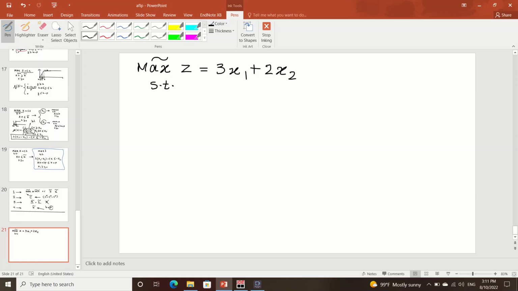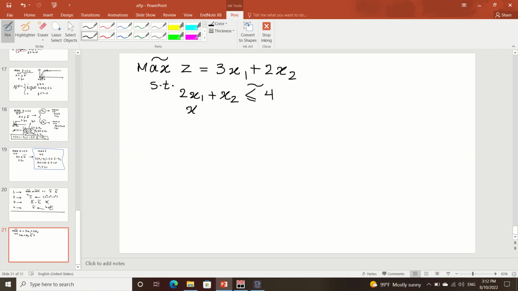Maximum z equals 3x1 plus 2x2 subjected to two constraints. The first constraint, this equation, 2x1 plus x2 is less than fuzzy, the right hand number 4.